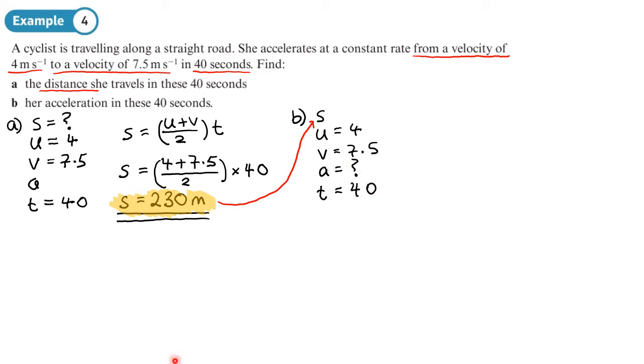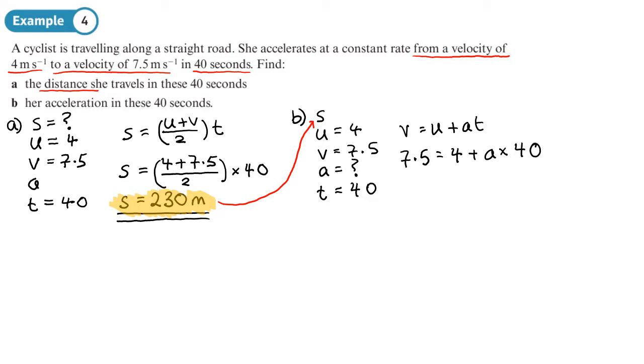So this time I'm looking for a SUVAT equation that has U, V, A and T in it, and that one is V equals U plus AT. So just like before, we substitute in. So V is 7.5, U is 4, plus A that we're trying to find times by 40.